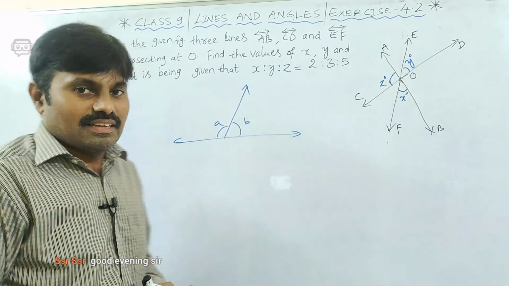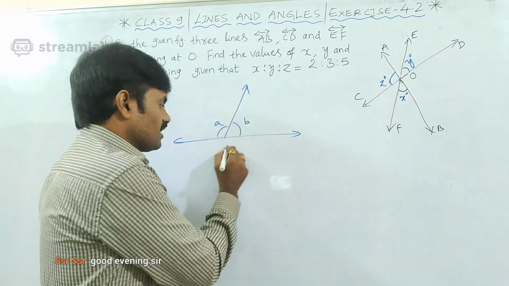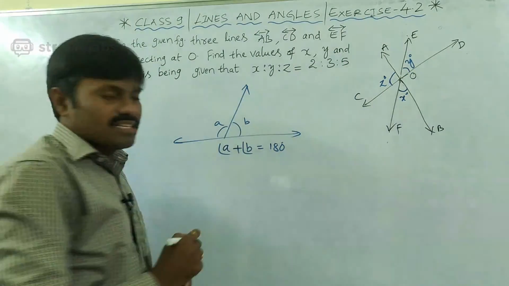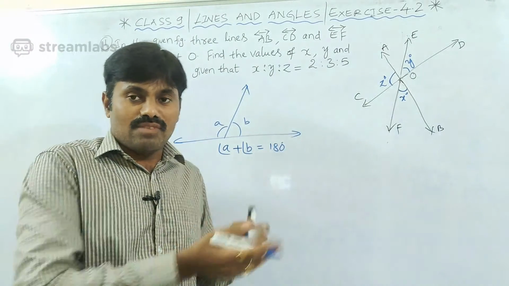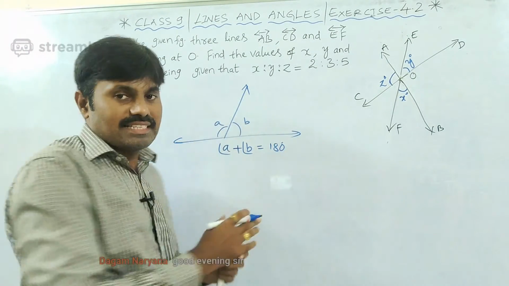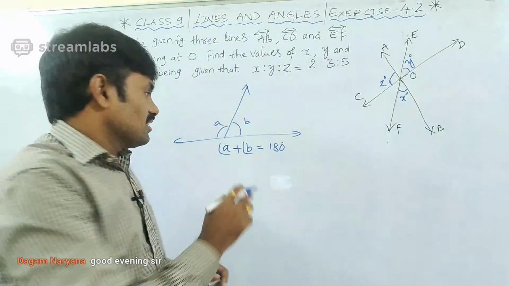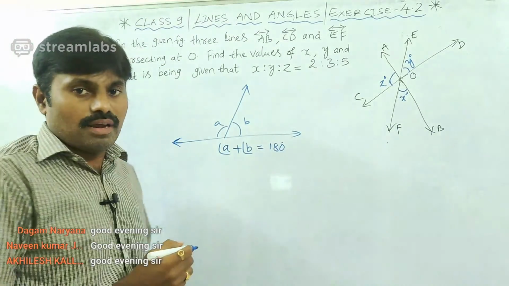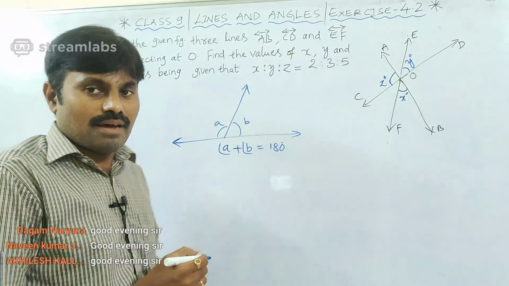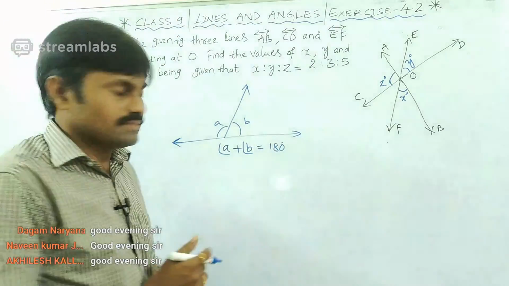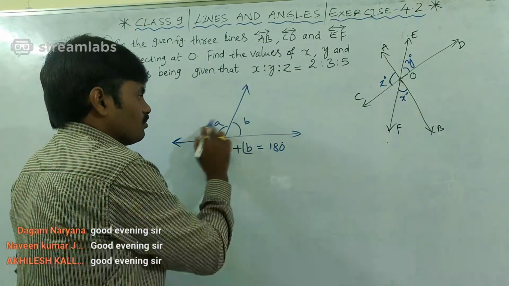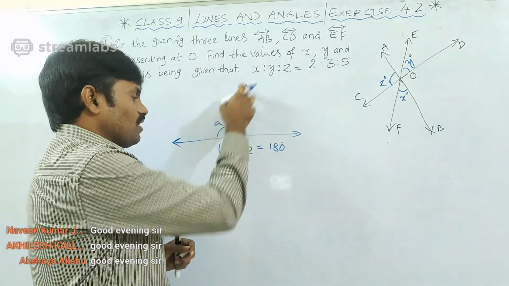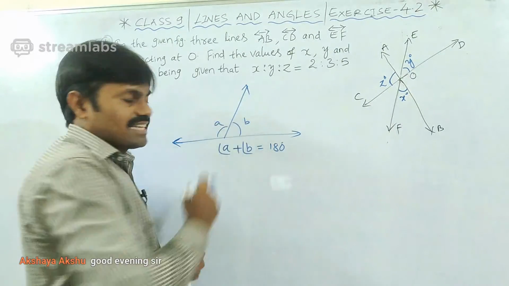Now the converse: angle A plus angle B is equal to 180 degrees. If the sum of these two angles is 180, then the two side arms, the non-common arms, form a straight line. I repeat, there is one common arm to both angles, so they have the same vertex and one common arm, so we call these two adjacent angles.